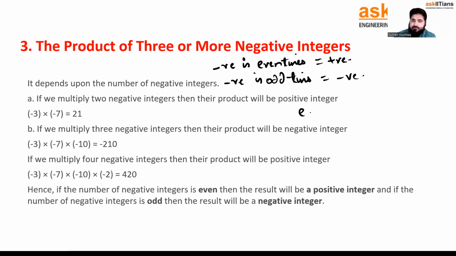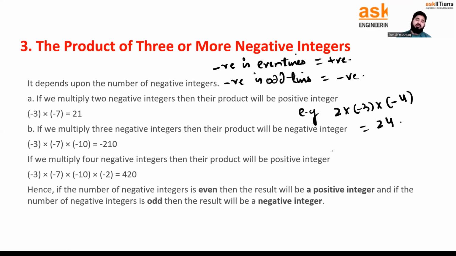Example, this is a simple thing to help you understand. Let us suppose you have 2 multiplied by -3 multiplied by -4. Just have a look. How many times do you have negative? You have even times negative. So the answer of this question will be 2 multiplied by 3, that is 6. 6 multiplied by 4, that is 24. Is that clear?